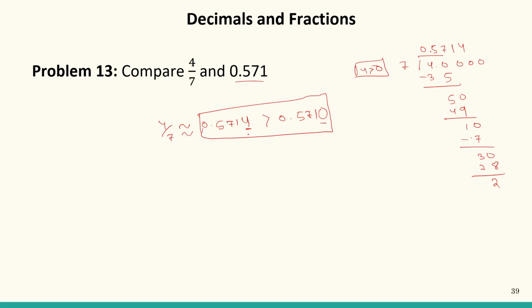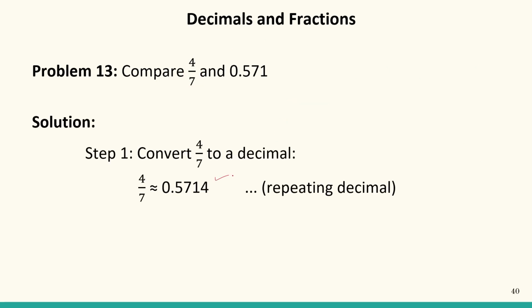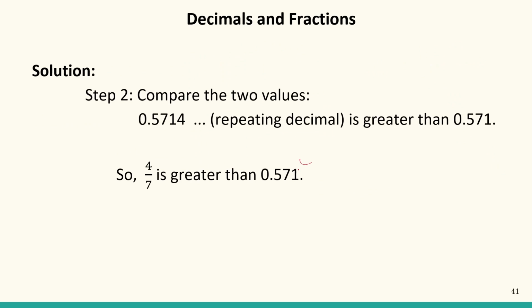So the answer is something like this: 4 by 7 is greater than 0.571. I did this and we found this out. This is the answer.